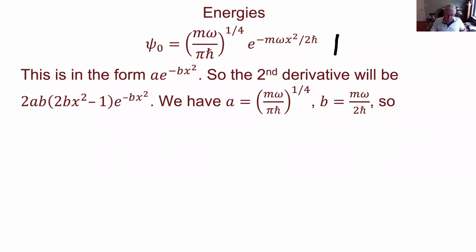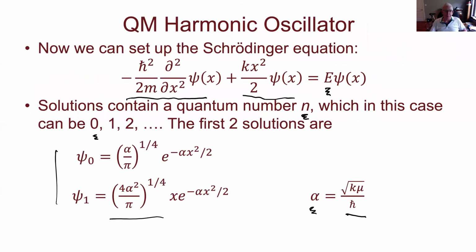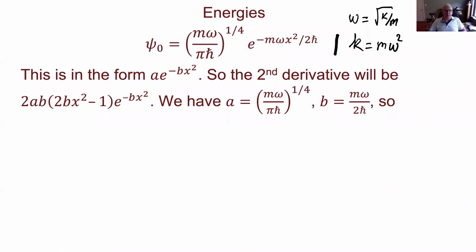This uses the fact that k is equal to m omega squared, so where the m omega squared is up there, that was a k before, because omega is equal to the square root of k over m. And that gets us that. So if you're trying to get from the equation we left behind over here, which does not have the omega term in it, to there, that's the manipulation that was involved.